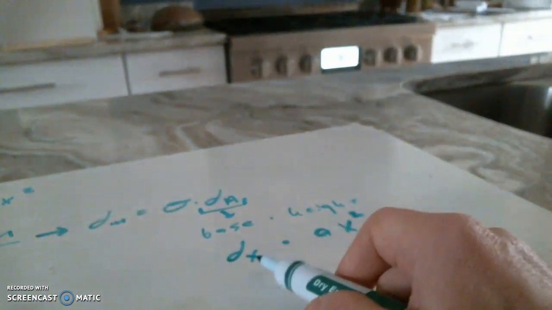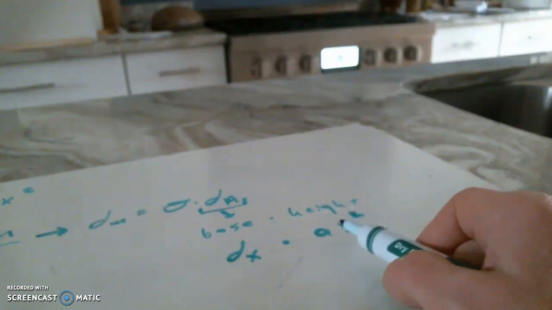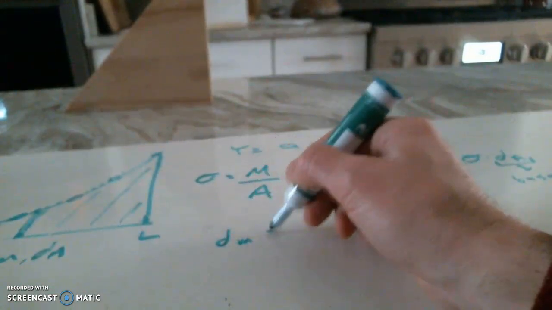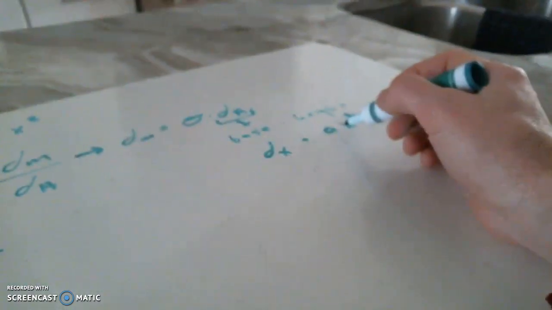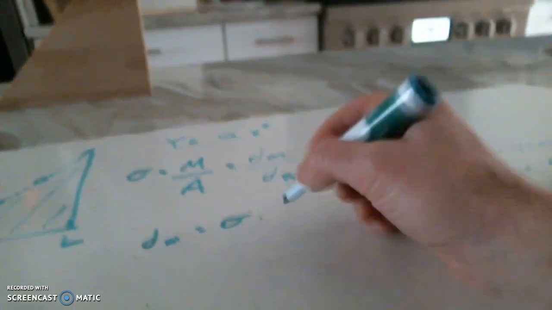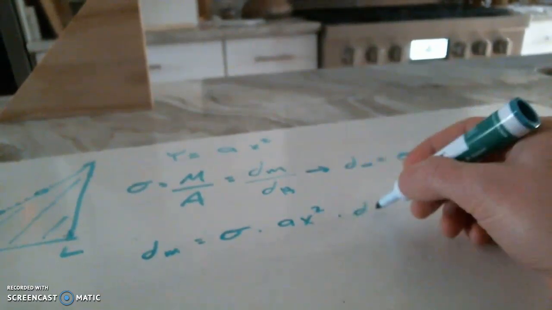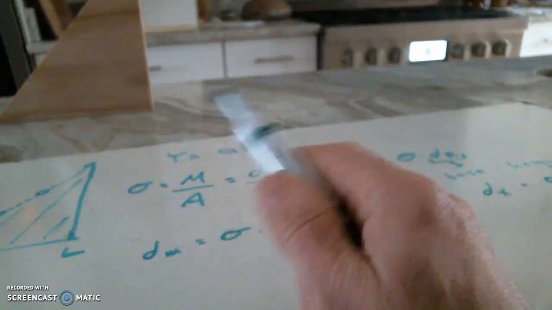So there's our differential area, our thickness, which is the base, times however high up it is. So our differential mass is nothing more than sigma times ax squared times dx. So it is the density times the height times the base. That's our differential mass. Okay?